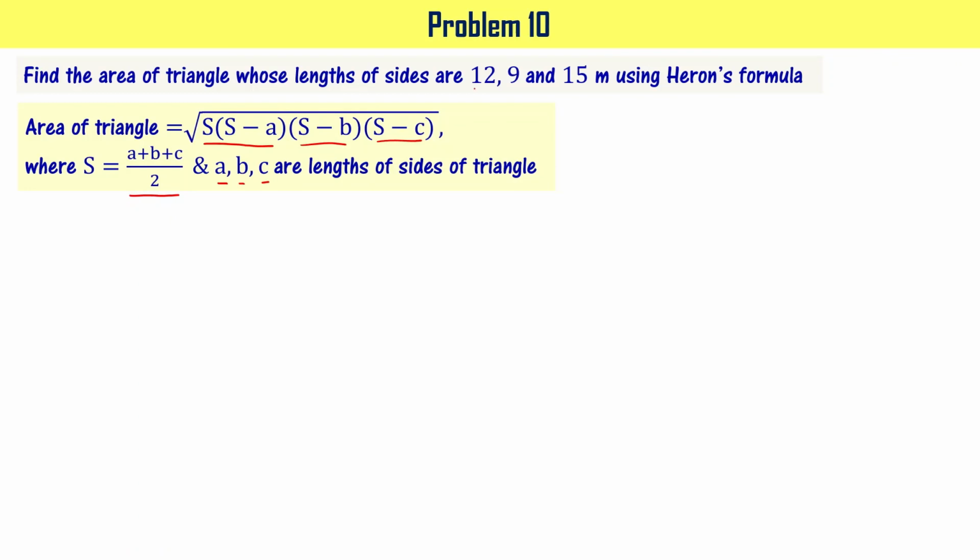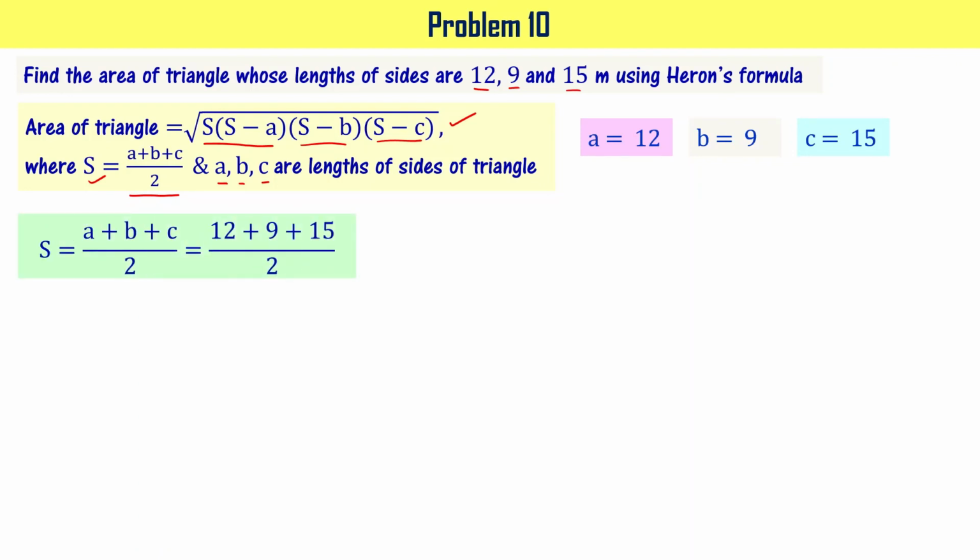Here, lengths of sides of triangle are given 12, 9 and 15. Let's say that a equal to 12, b equal to 9 and c equal to 15. So using these three values, we can find what is the value of s, right? Once you know the value of s, we can substitute into the formula of area of triangle given by Heron, right? Let's do that now.